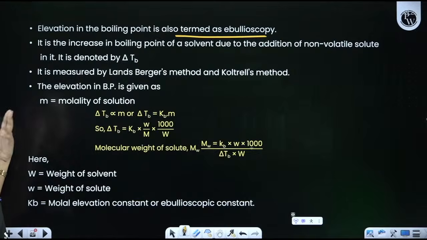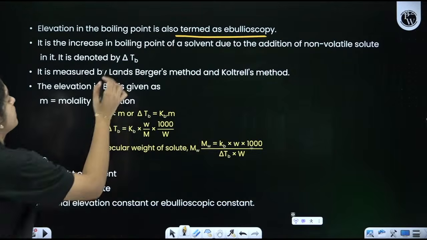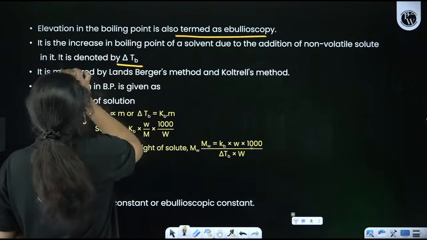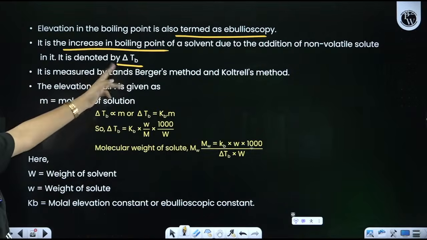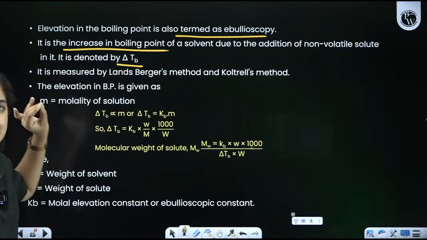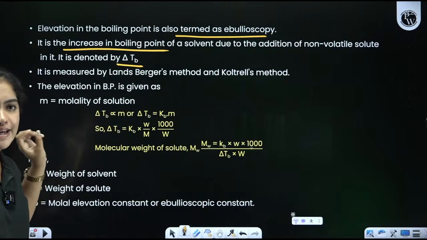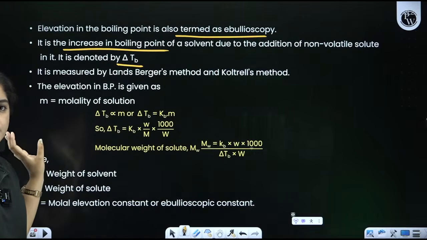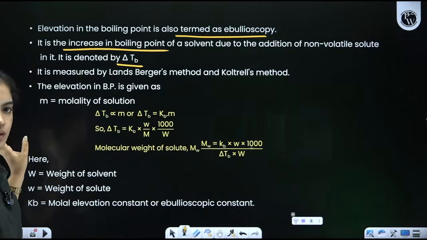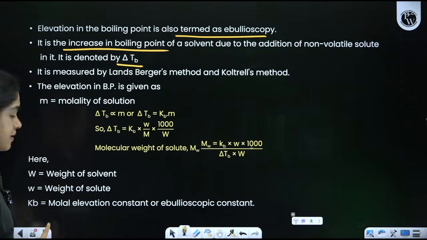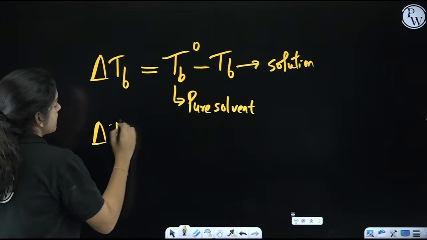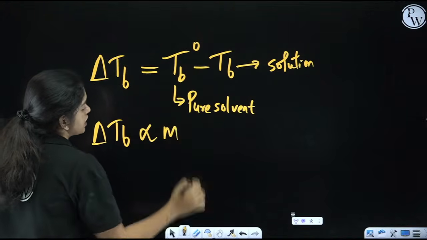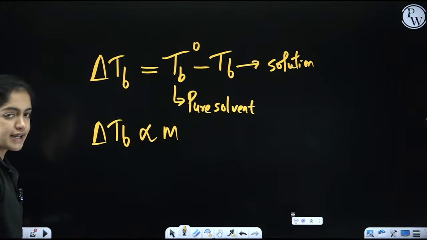Then delta TB is known as the elevation, that is, the increase in the boiling point of solvent due to the addition of non-volatile solute, denoted by delta TB, and delta TB is directly proportional to the molality, small letter m.